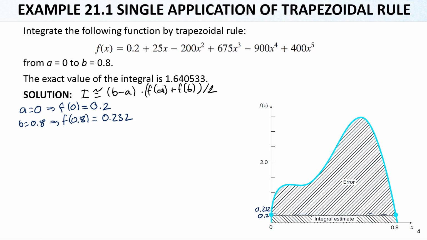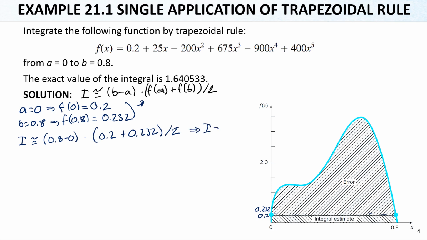Let's put these into this function. Then I becomes about b minus a, 0.8 minus 0, times 0.2 plus 0.232, divided by 2.